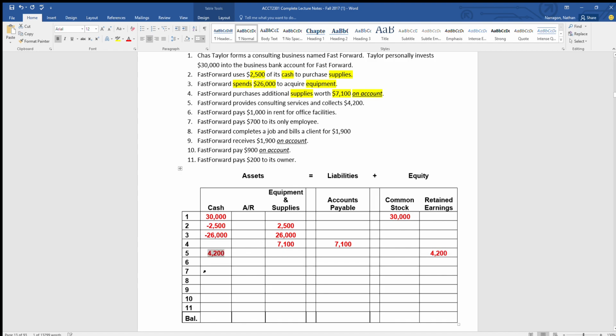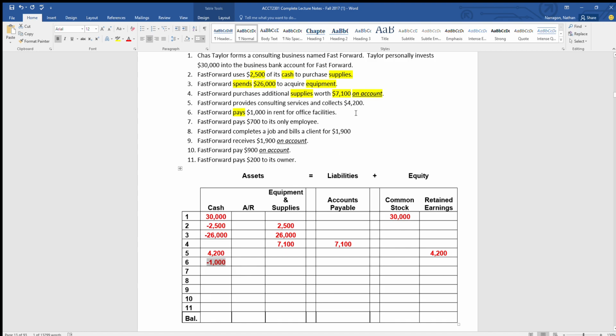There we go. Okay. Number 6, we have paid $1,000 in rent for office facilities. So when we pay, we know we're using cash. So we will lose the 1,000.